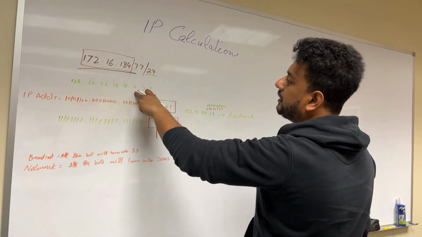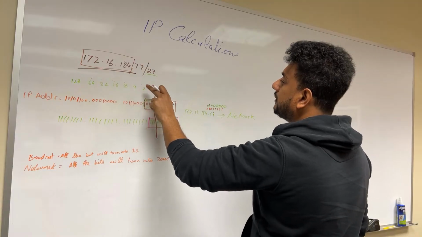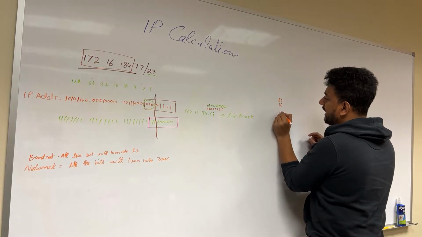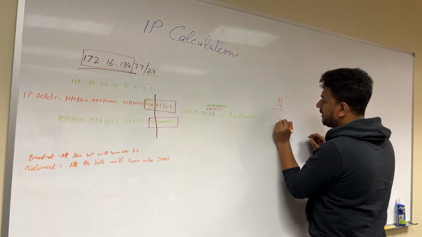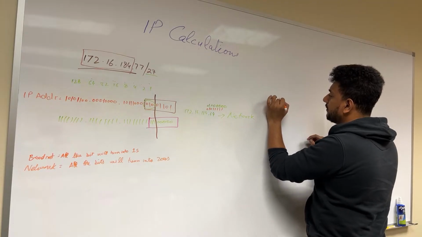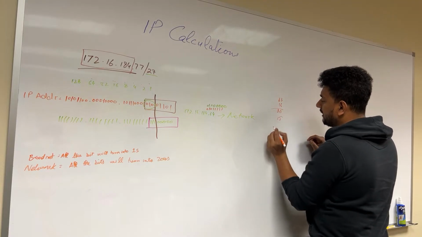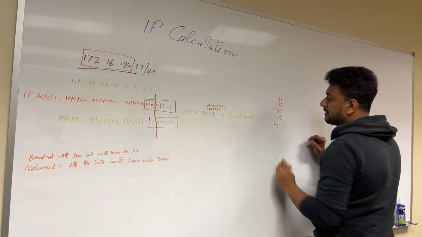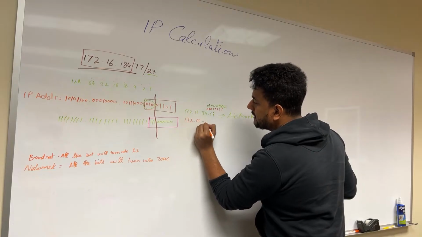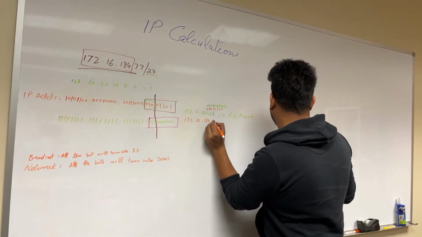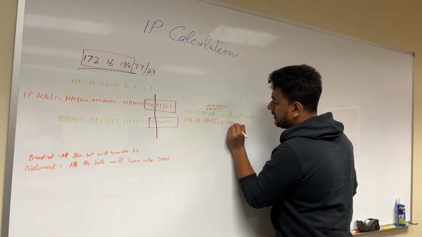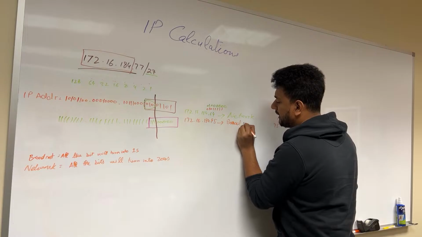So 8, 4 is 12, 14, 15. We're going to add 15 to that. 6 and 4 is 10, 0, and this will become 80 plus 15, which is 95. So we have 172.16.184.95, and this is the broadcast address.